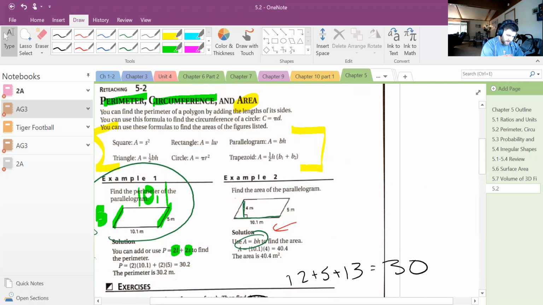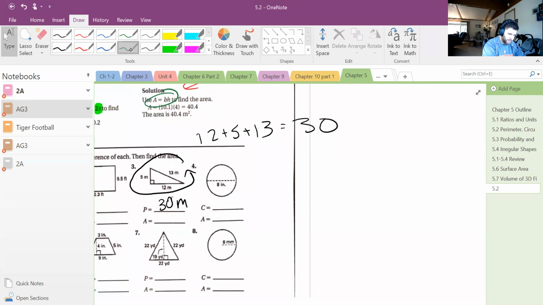Okay, area of a triangle. Let's go to the formula. Area of a triangle. It's right here. So the area is going to be 1/2 base times height. So we still have the 1/2. Base is going to be 12, right? Because it's perpendicular to the height. Base is going to be 12, and your height is going to be 5.